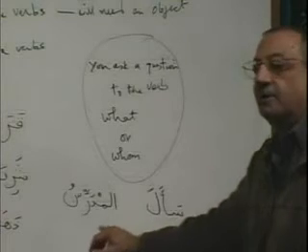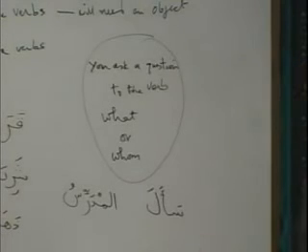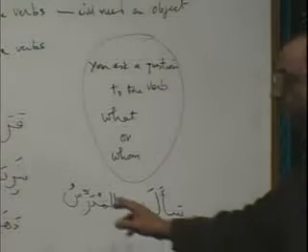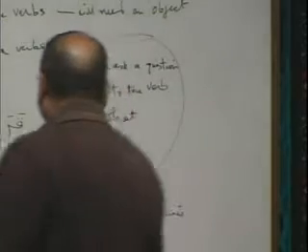Asked whom? Or asked what? Okay? So then definitely Mudarris is going to ask some individual. He's not going to ask a chair or a table, but he's going to ask some individual. So then Sa'ala al-mudarrisu, and if I say it was Hamid who was asked, so what will you say? Sa'ala al-mudarrisu Hamidan. Are you with me? I will write it down. Here, Hamidan.